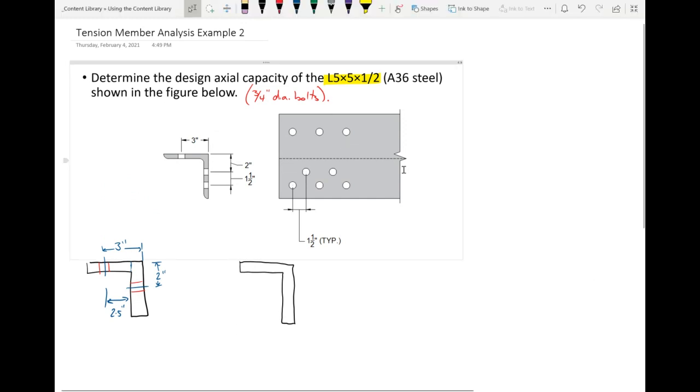The first piece is maybe this part, and the second piece is that part. Then I'm going to take that red part and stick it on top of the green part.